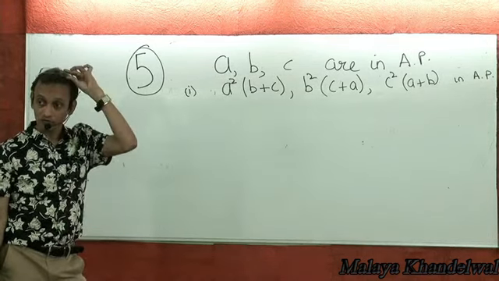If this is D1 equal to 2 and this is D2 equal to 3, then the sequence of common terms would be an AP with common difference equal to LCM of D1 and D2.